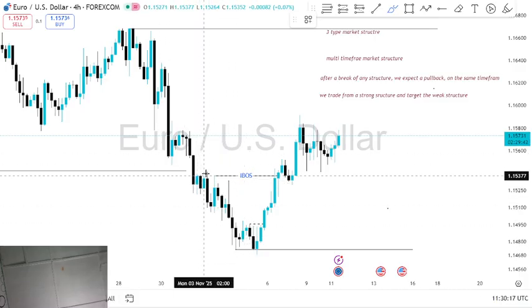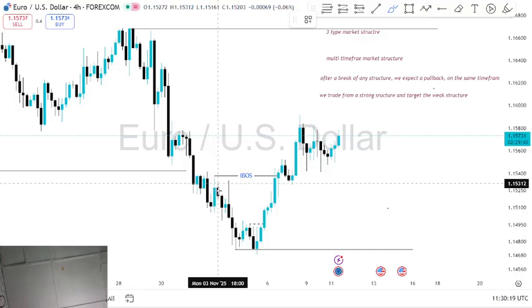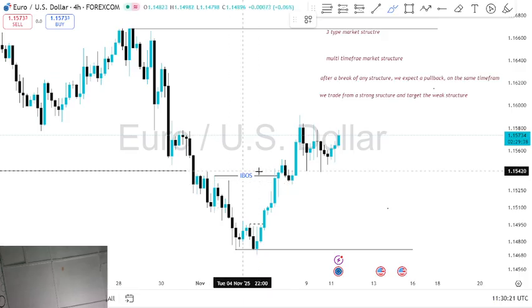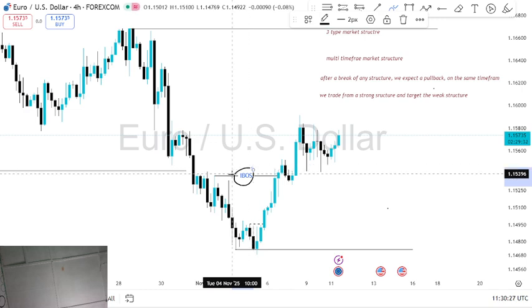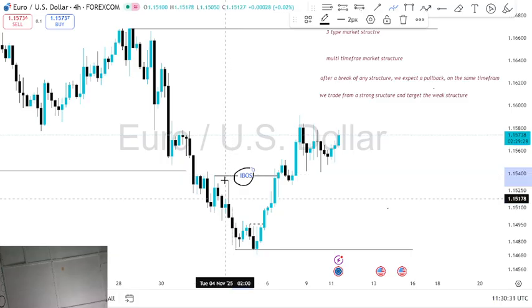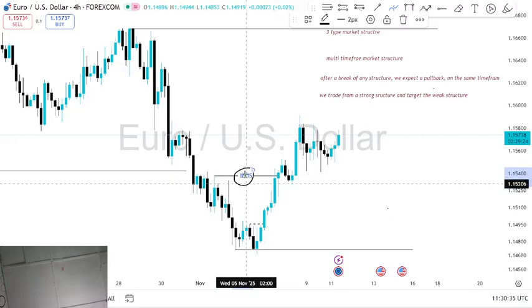So when price came to this zone, we weren't expecting price to break because it's a strong structure. When a strong structure gets broken, trend changes.